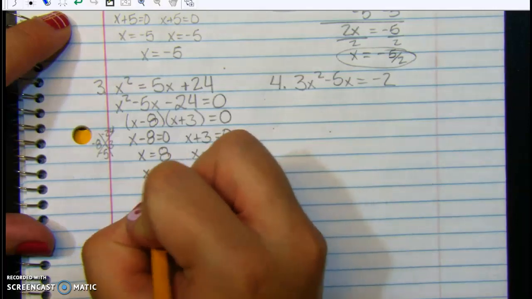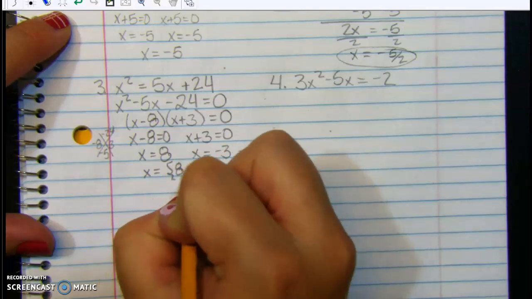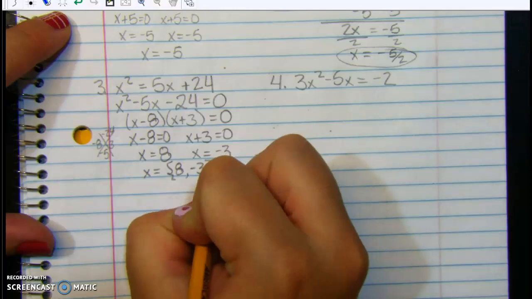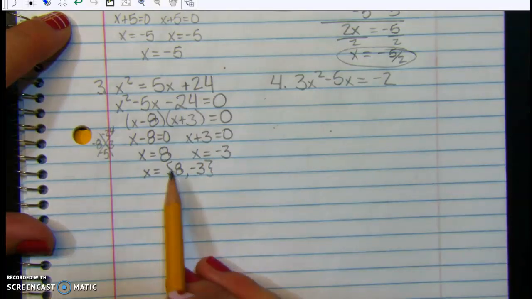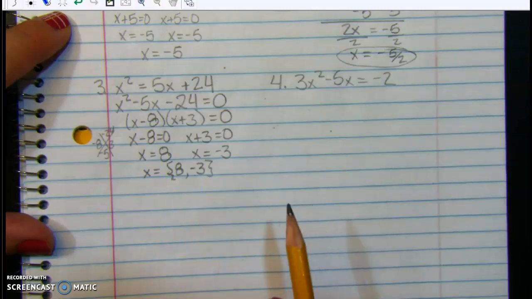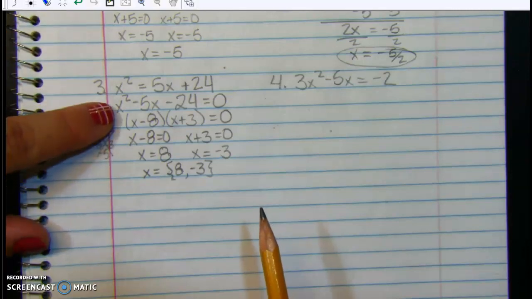You can have x equals, and you could put them in curly braces. Some people might leave those brackets off and just list them both as x's. Anyway, they are both x values. If I plug in 8, I'll get 0. If I plug in -3, I will also get 0.